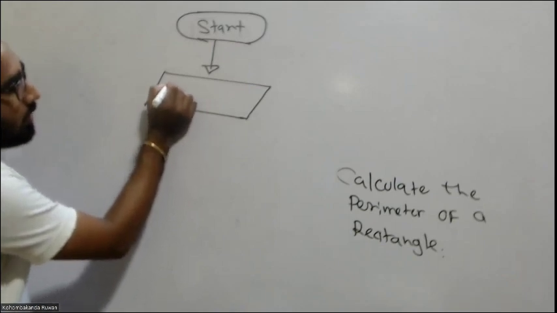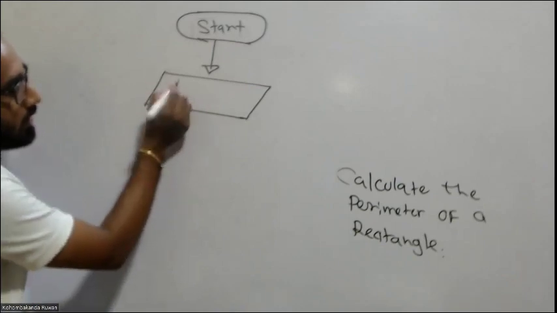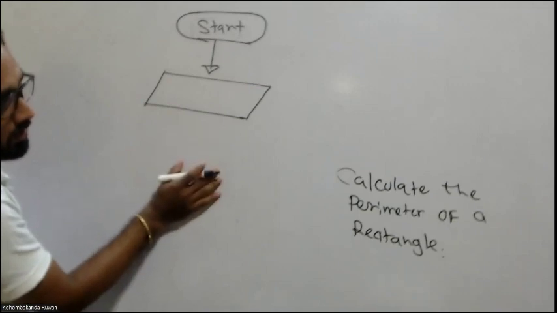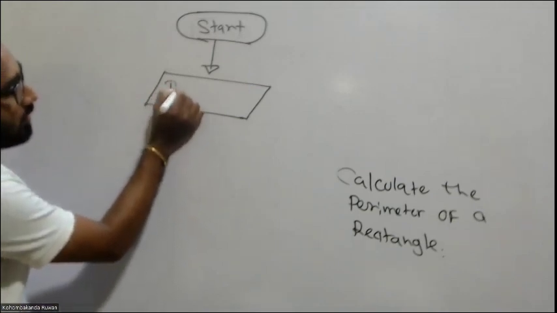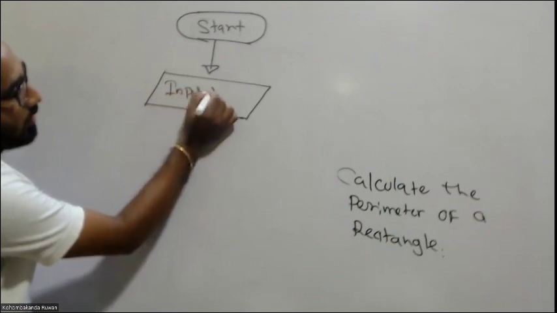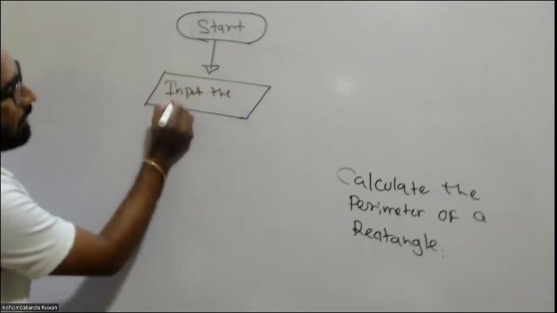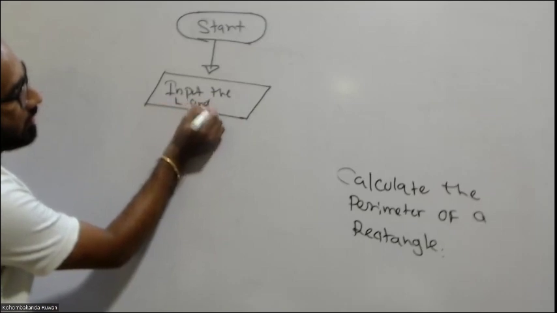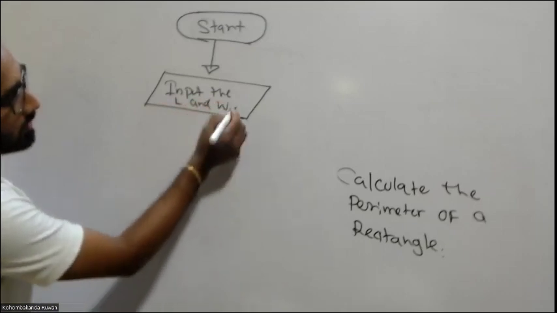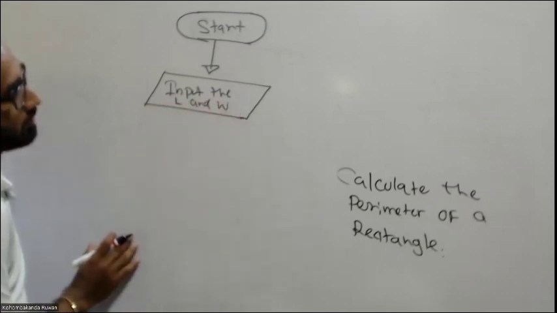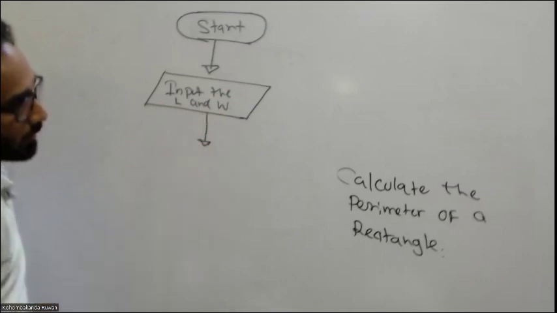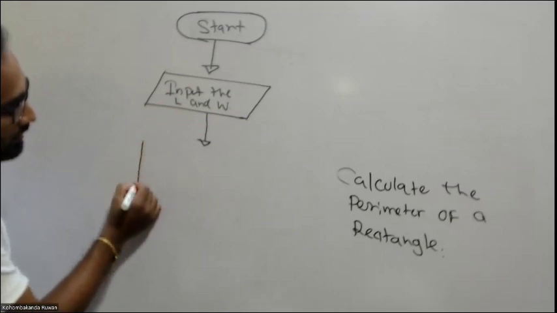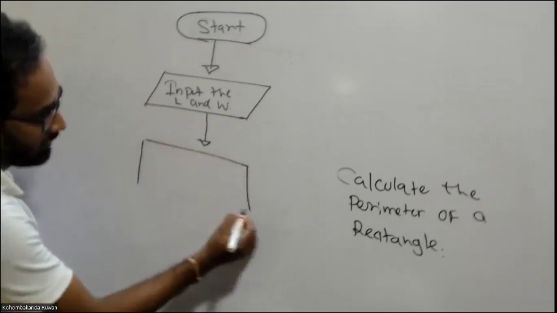Input the values or get the values of length and width. Right, input the length and width of the rectangle. Next one, right? You can say process here.